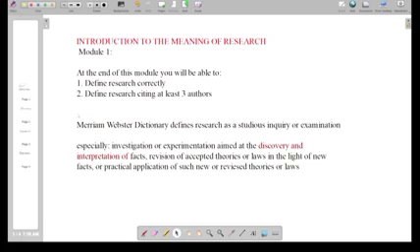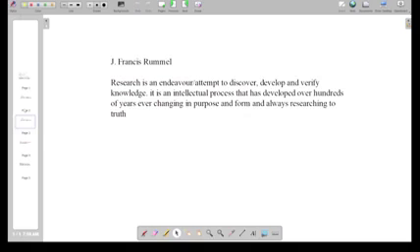And this is the explanation of the first definition given by Merriam-Webster dictionary. I move on to the next definition, which is that of J. Francis Rummel.